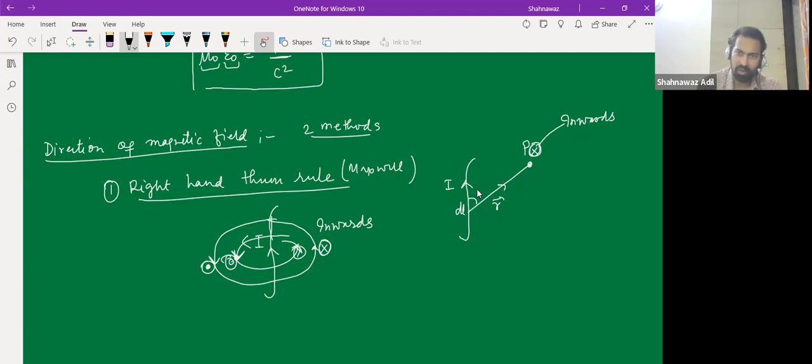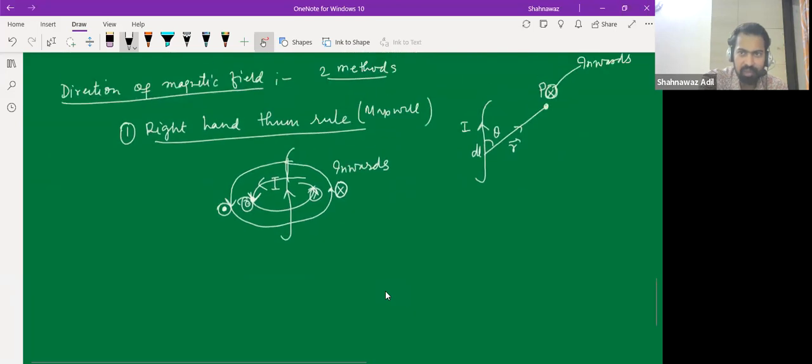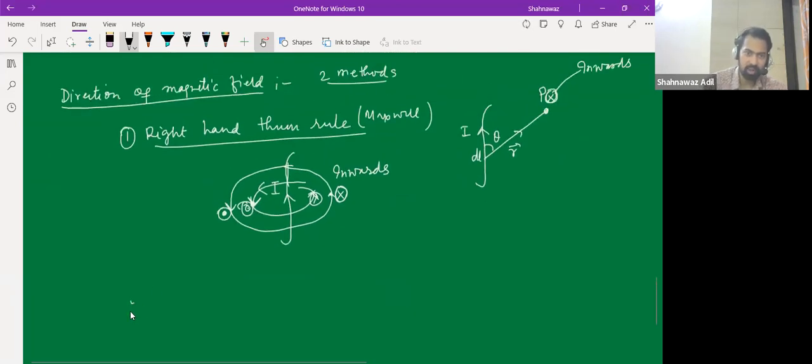Now the second method is the cross product method.